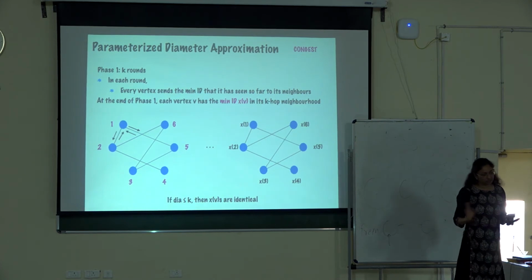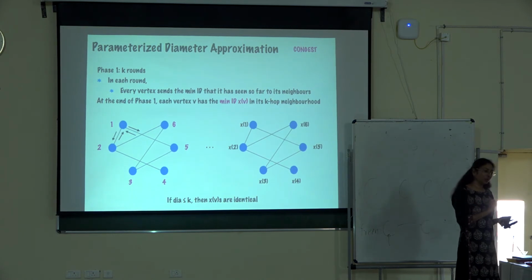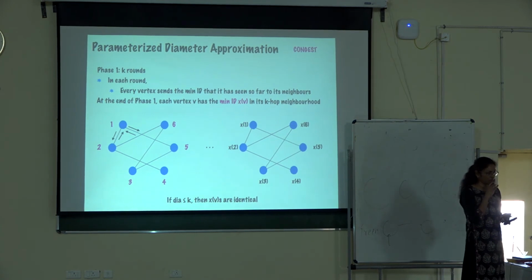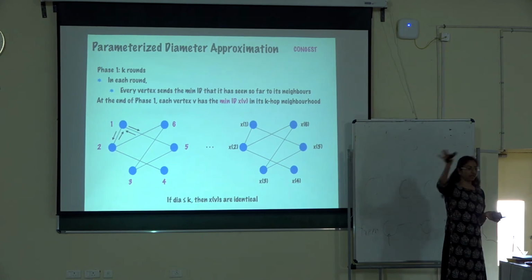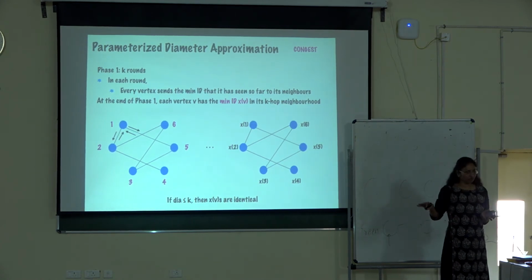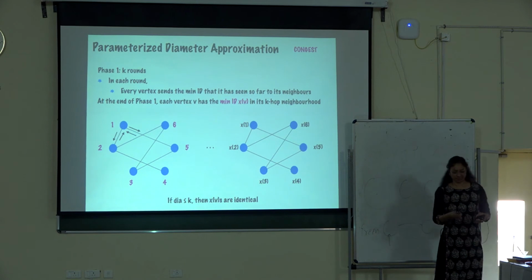If everybody has got the same minimum, that means the minimum ID has reached everybody. That's true, but how do we determine that? Yes, determining is different. Correct.